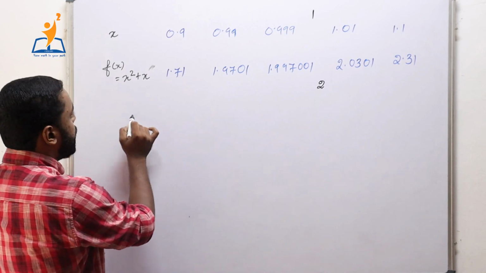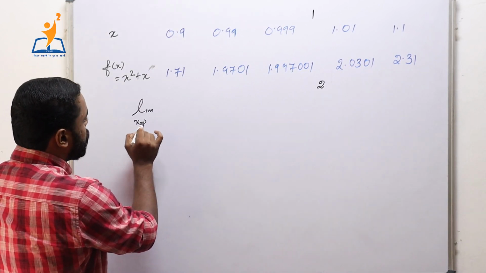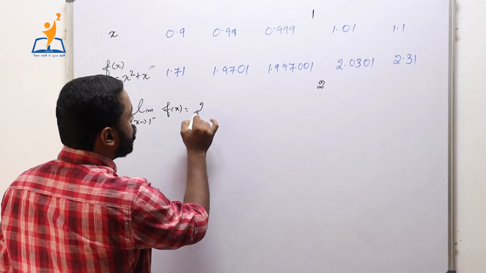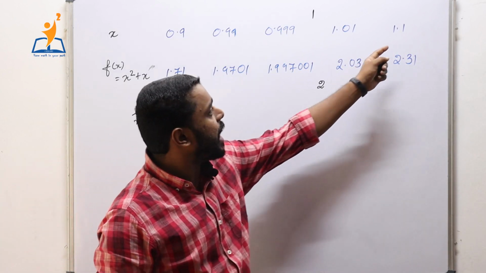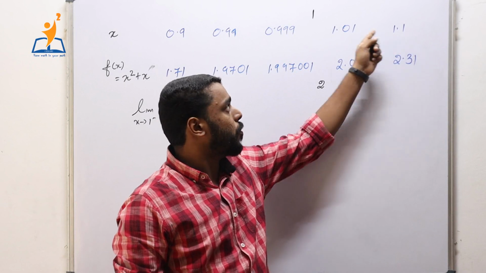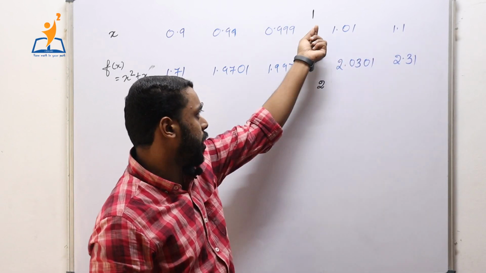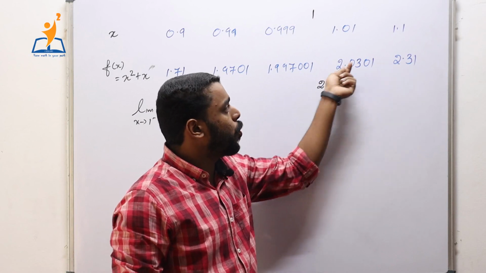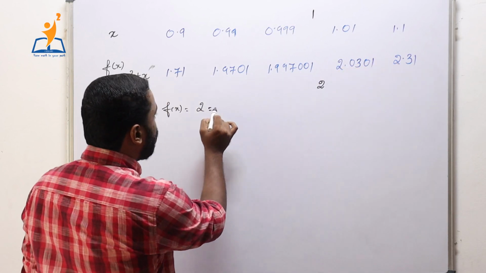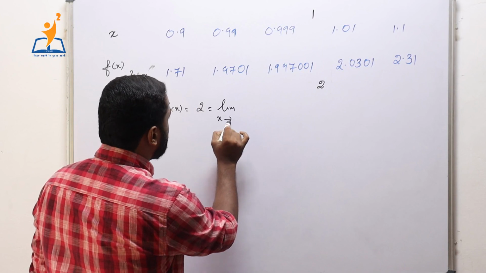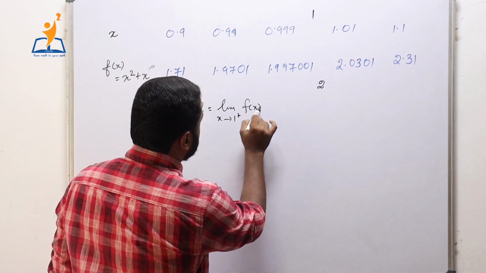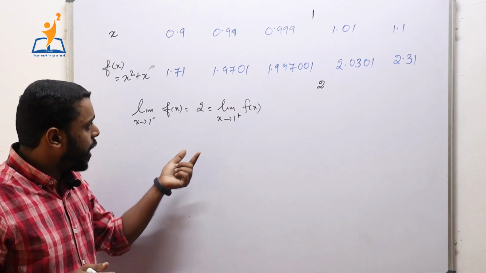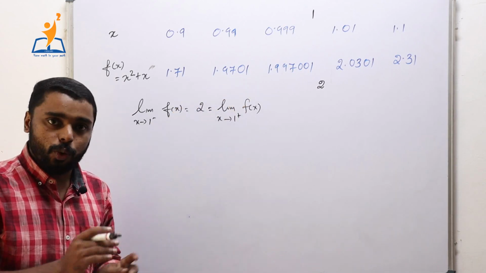So we can easily write limit x tends to 1 minus f of x is equal to 2. Similarly, whenever I am approaching the point 1 from the right, the output values are also approaching the value 2 from the right. So it is equal to limit x tends to 1 plus f of x. Hence we can say that this limit exists at the point 1 and it is equal to 2.